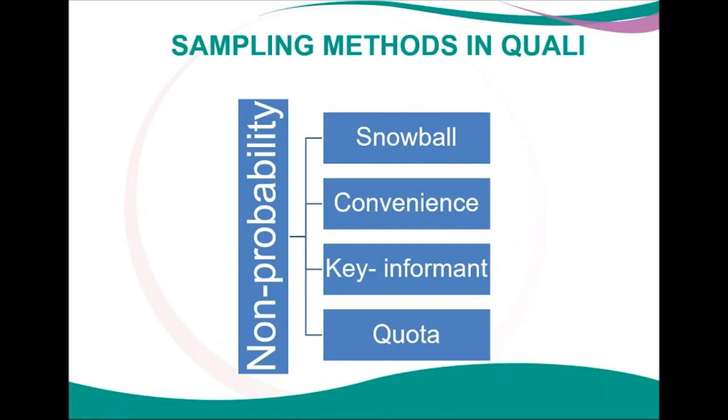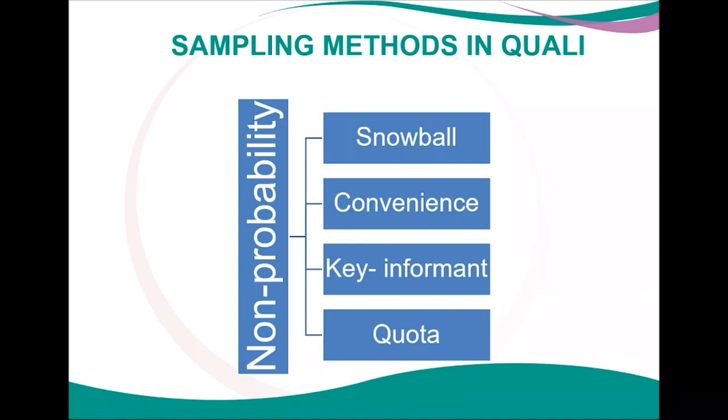You might know one or two of them. So with snowball, we're saying one, and then this one will refer you to the other one, and this one will refer to another one. So that's how you increase the sample size in your qualitative research.